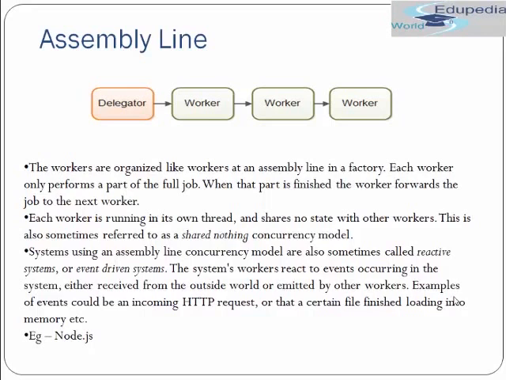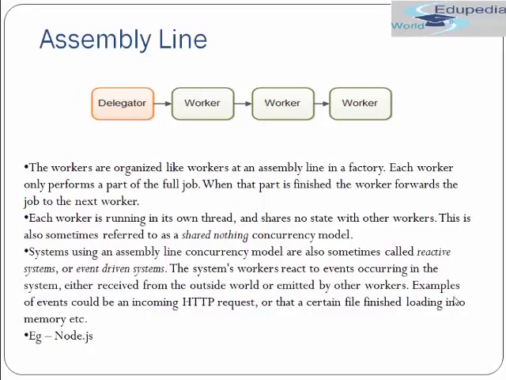Each worker does a specific task from a full job. If a full job is divided into 6 subtasks, each worker does one task, such that when part 1 of job 1 completes, only then will part 2 begin, and so on.